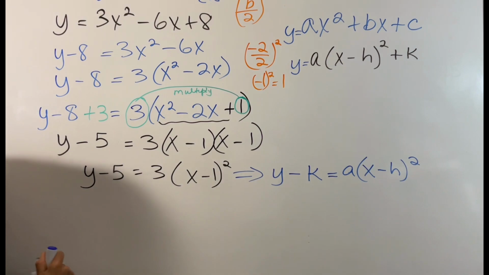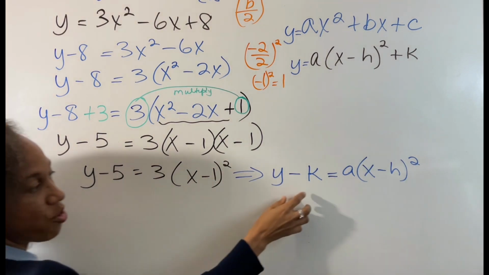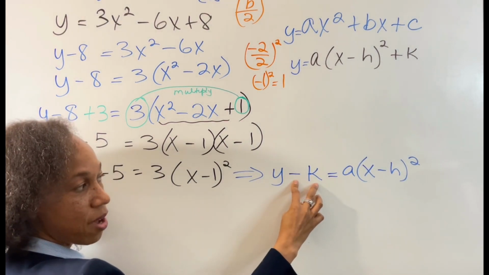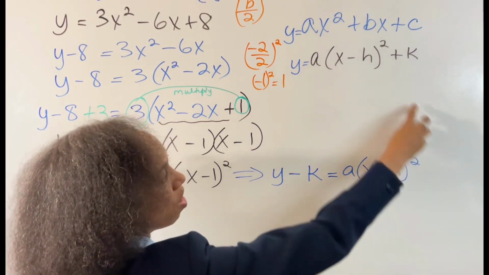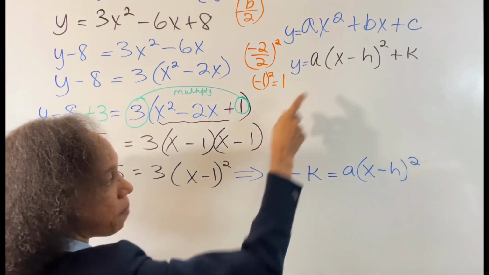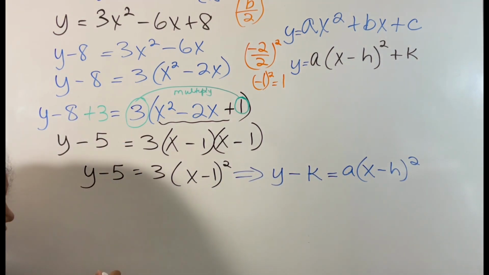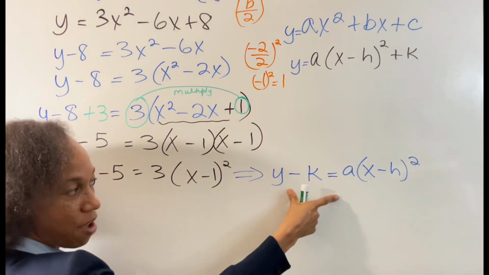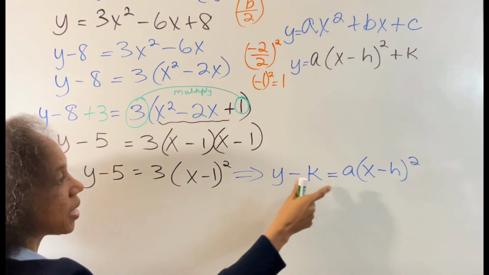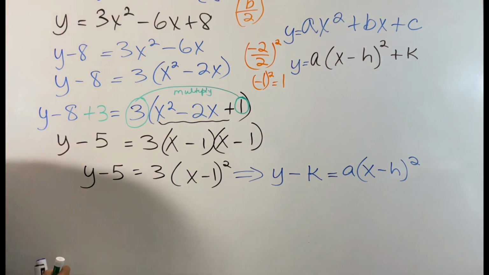That's the form that it would be in, because literally when you bring that minus k from the left side to the right side, it would now be a plus k, which would take you back to this format. So this is now finished. I'm going to continue because I'd rather write it in this format, but it's okay if you end up writing it in this format and you know to identify your h and k.